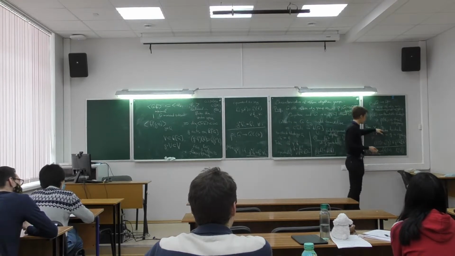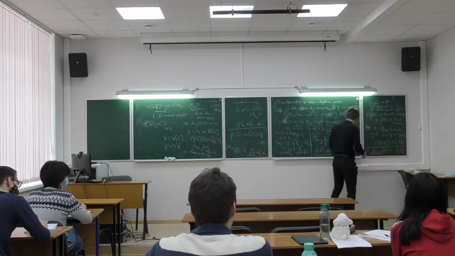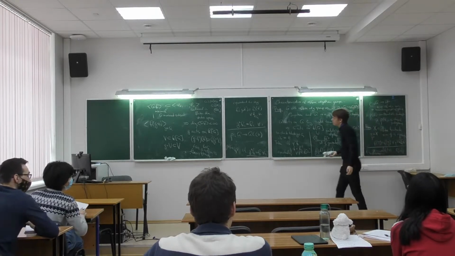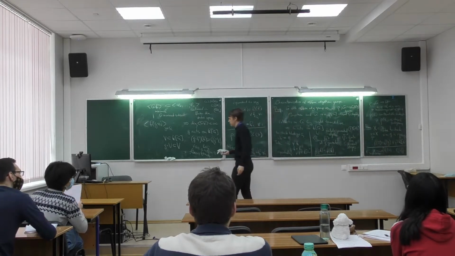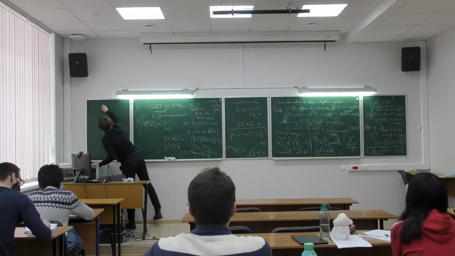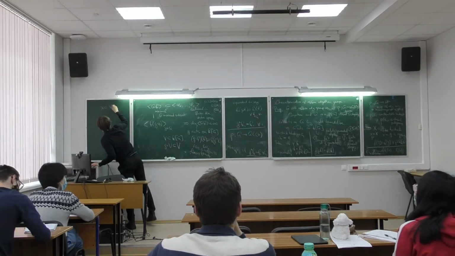And this results in the following. If you have embedded X into the affine space, this reduces to saying the following on the vector space V. Here X is a closed subvariety in the vector space.